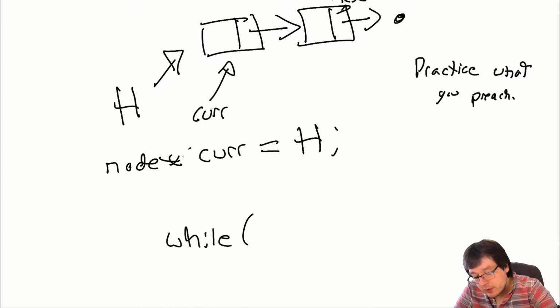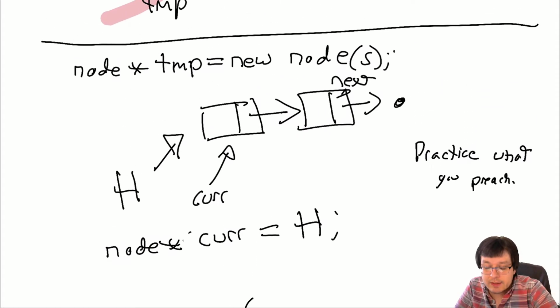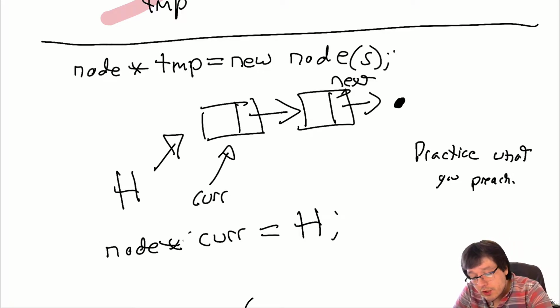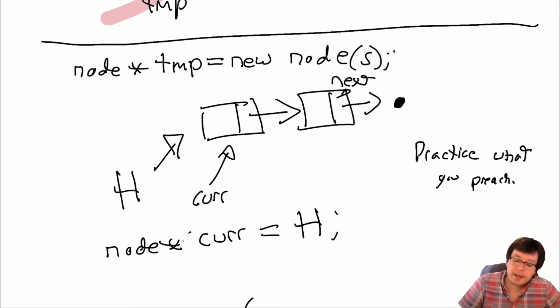Now that we have the cur pointer, we want to get to the end of the list. If we coded this right, the last node's next pointer should always be pointing to null, which is what that little black circle stands for. Right now, if I were to look at the next pointer in that node, it would be equal to null. That's so important, because that's how we know we've reached the end. Think of it like a roadwork sign.